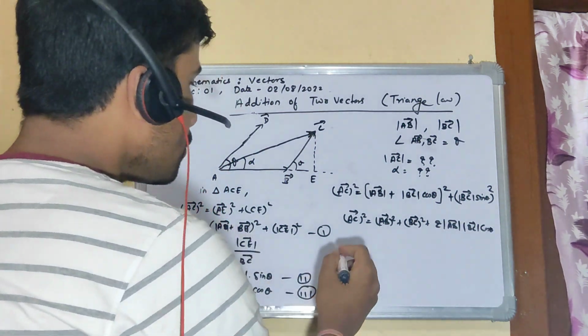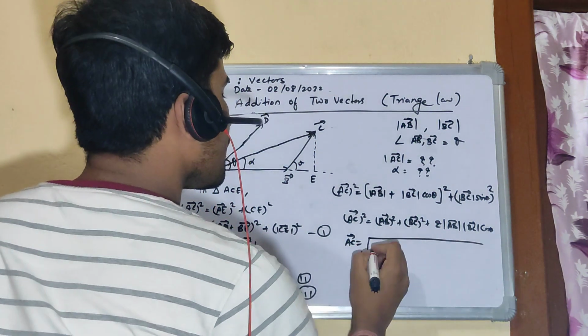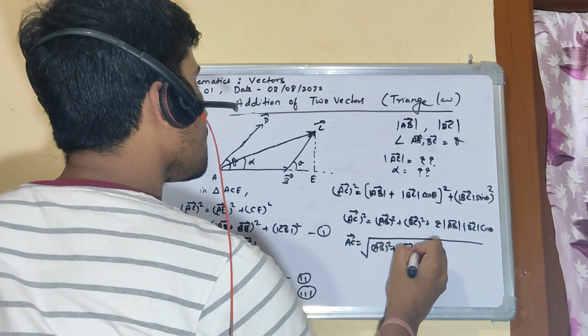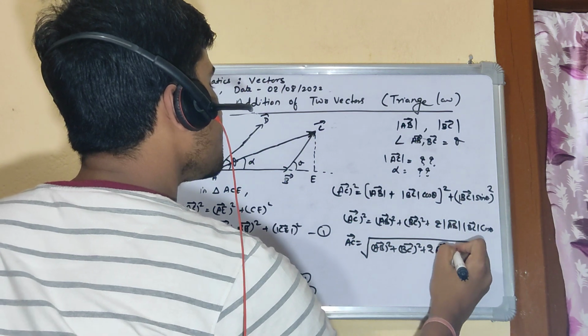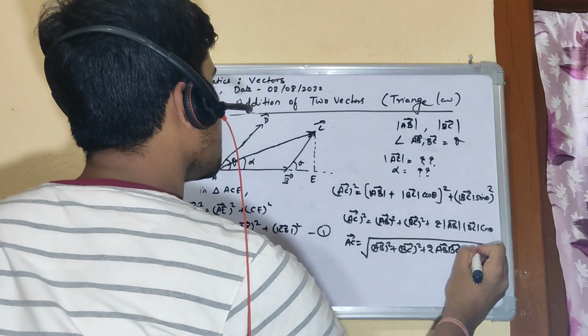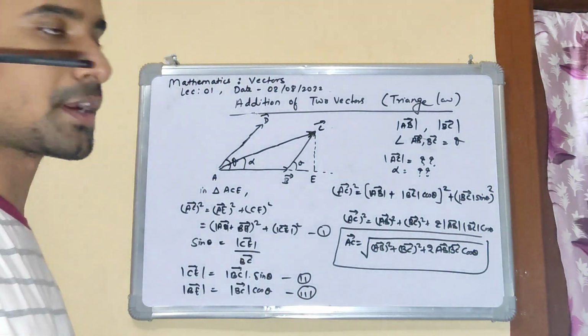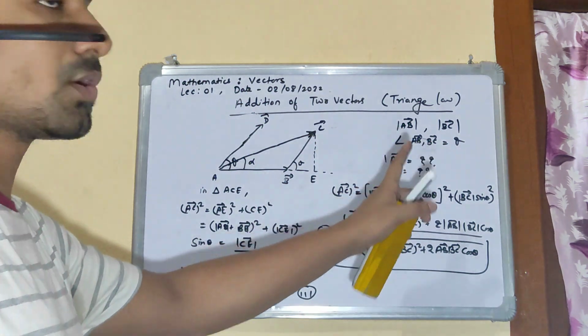So AC vector will be nothing but under root of AB square plus BC square plus 2AB BC cos theta. This is the magnitude of the resultant vector according to triangle law, right?